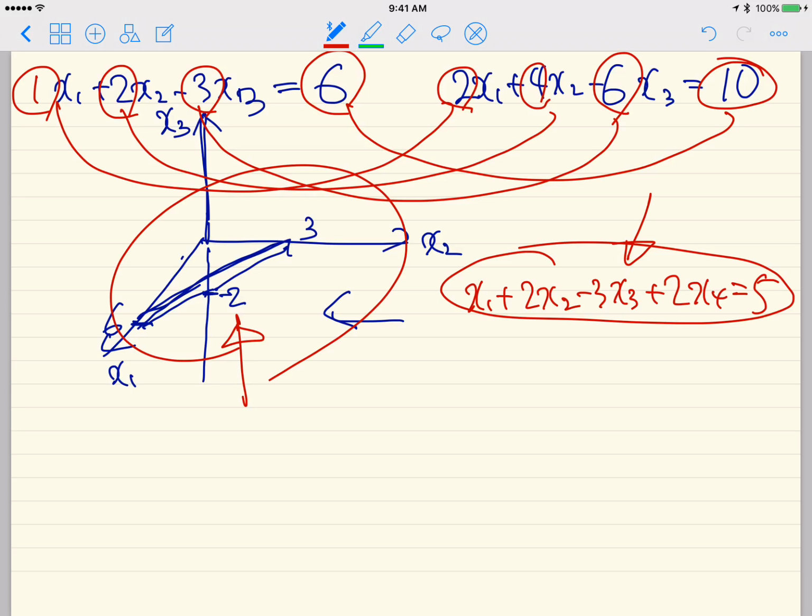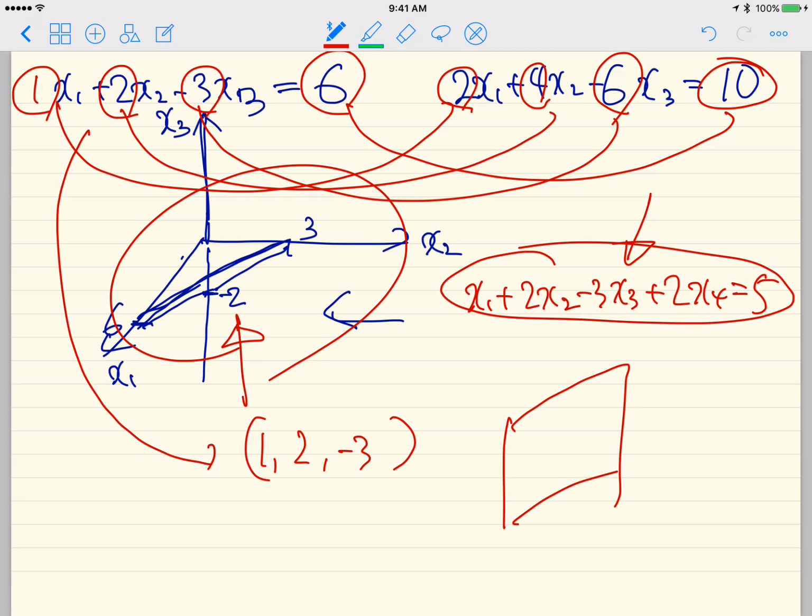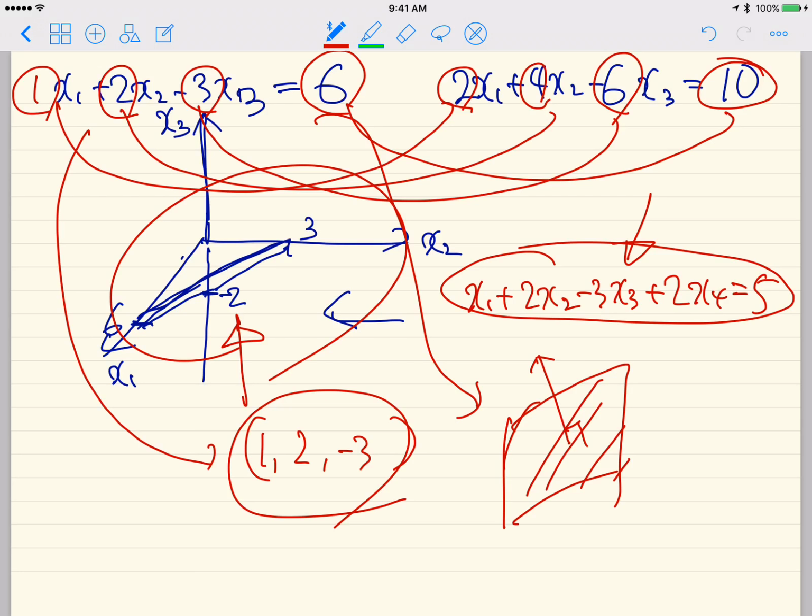We know the normal vector for this equation is something like (1, 2, -3), right? This vector is perpendicular to any vector in our plane.